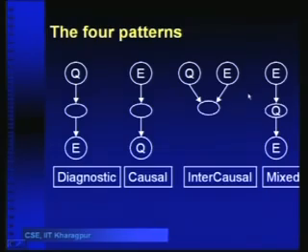Probability of John calls given Mary calls. No, they are not independent, because if one calls, then there is increased probability that the other will also call. You see, if John has called, then he has probably heard the alarm, right. So, therefore, there is also increased probability that Mary also calls.